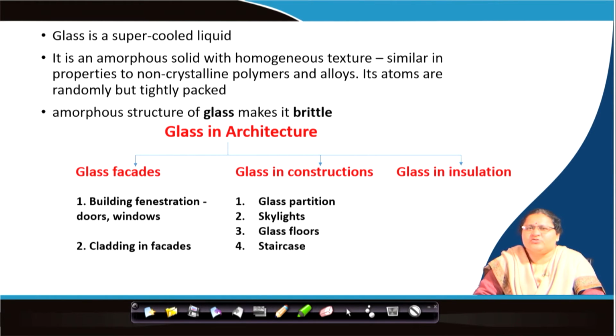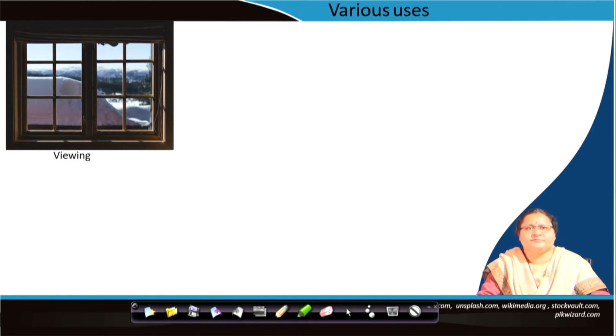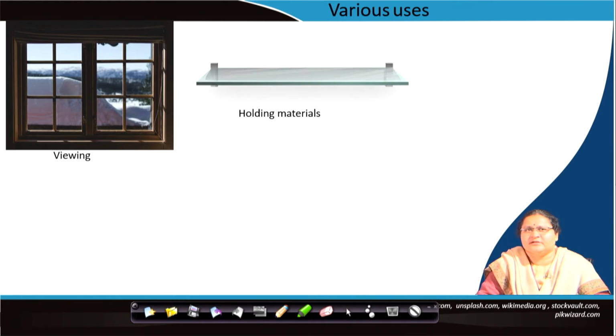Now, glass in insulation: we have glass wool, which are threads or strands of glass used as insulators. We will discuss that a little later. So, you see the use of glass for viewing. We all know the window, it is crystal clear, you can see the outside mountains from the inside. We can use glass as a shelf.